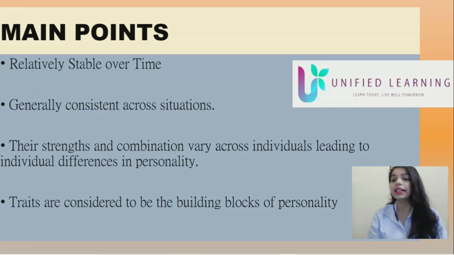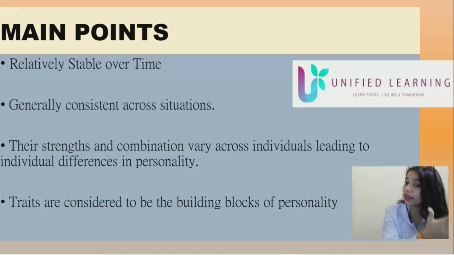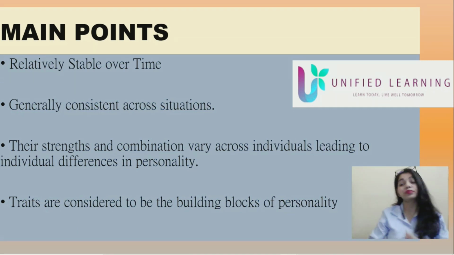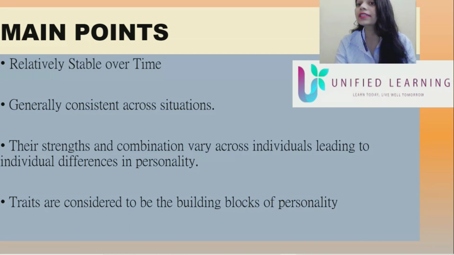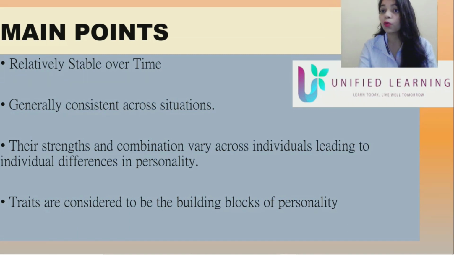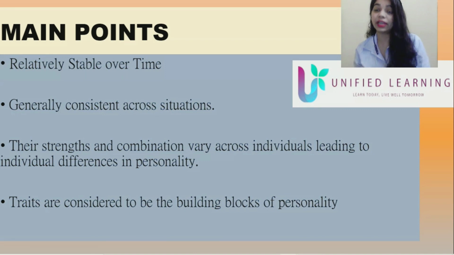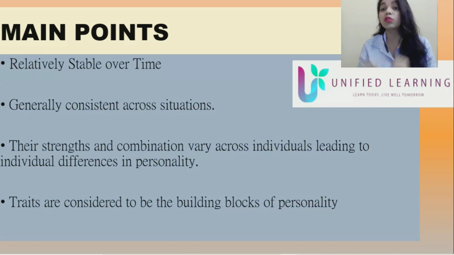For example, if I say that you are friendly and sociable, but not in every situation, this is how personality differs from one individual to another. The last point is that traits are considered the building blocks of personality. So traits play a very important role in the trait approach to understand the personality of a person.